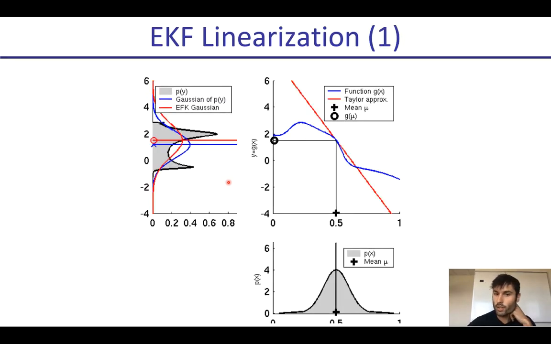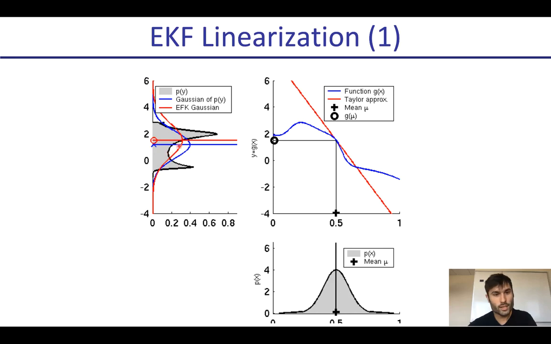So instead, what the extended Kalman filter does is linearize the function g of x around the mean of the Gaussian. Essentially, we just take the first-order Taylor approximation of the function, and the way that we compute the Gaussian is by passing the Gaussian through the linear function that we just obtained.